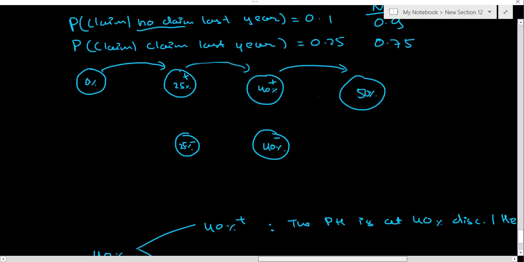Now let's see if we need to split 0% and 50% as well. If you are at 50% level of discount, that is the highest slab of discount. If you had made a claim last year, you would have moved down anyway from it. So if you are at 50% level of discount, it in itself means that you did not make a claim last year, because if you had, you would not have been at 50%, the highest rate.